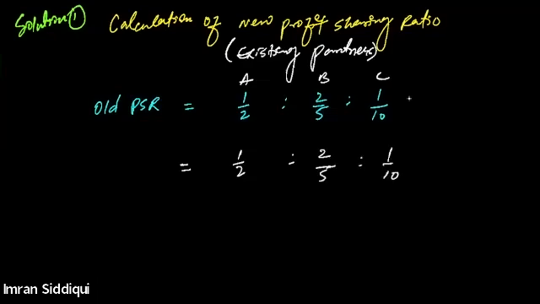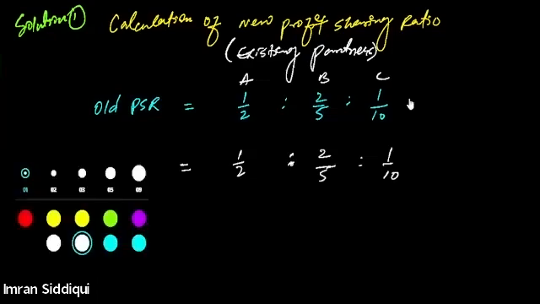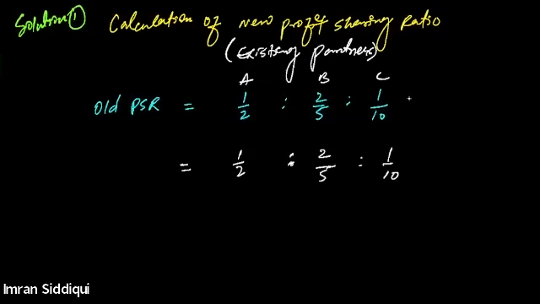Since the denominator of the share of C is 10, we need to equalize the bases of all the partners. So for that purpose, I'm multiplying the numerator and denominator with 5 for A, and 2 for B.